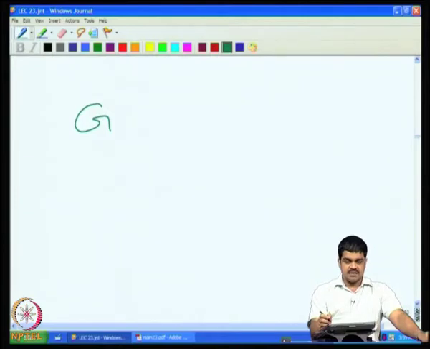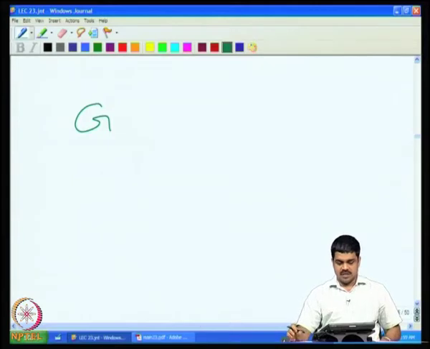It means, can we draw a collection of intervals corresponding to the vertex set of the graph? You can say that for this vertex this is the interval, for this vertex this is the interval, like that. Can we get a mapping between the vertex set of G and some family of intervals on the real line, such that G happens to be the intersection graph of that family of intervals?